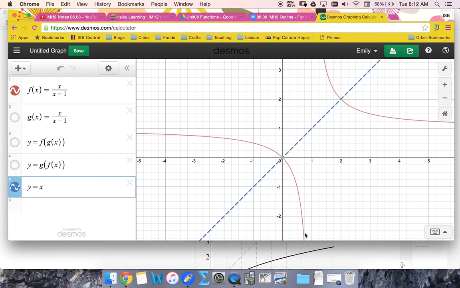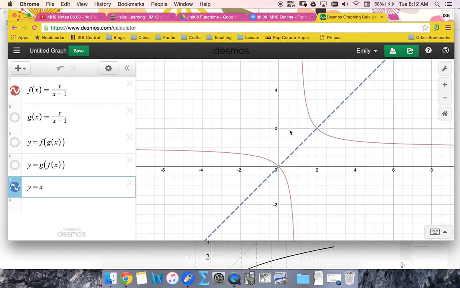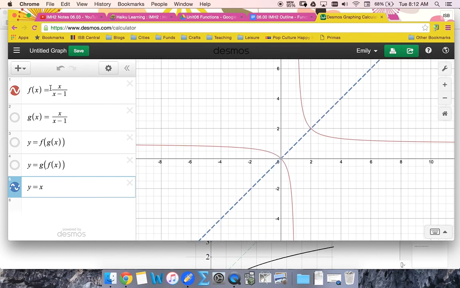Same thing. This bit reflects and comes up here. So when I flip it over, it's really just going to be a mirror of itself. That's another way for me to know that this graph is its own inverse. So we have another one that's its own inverse.